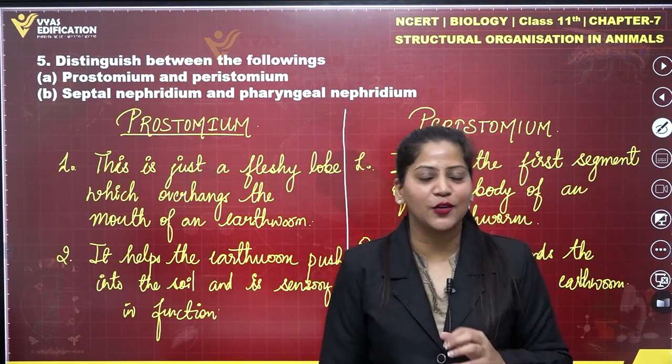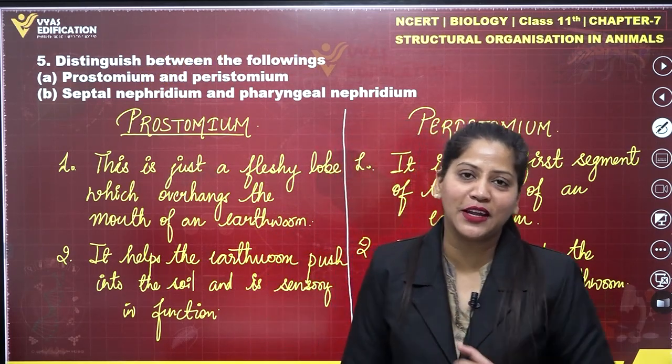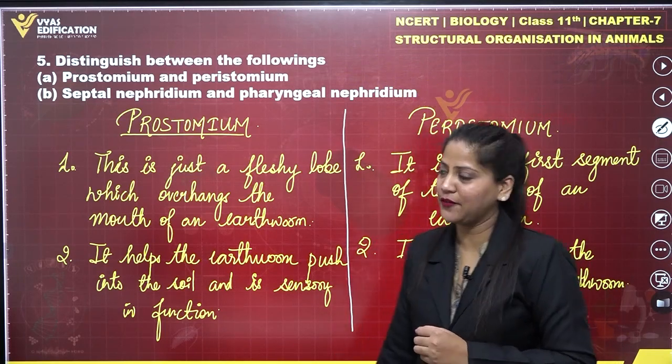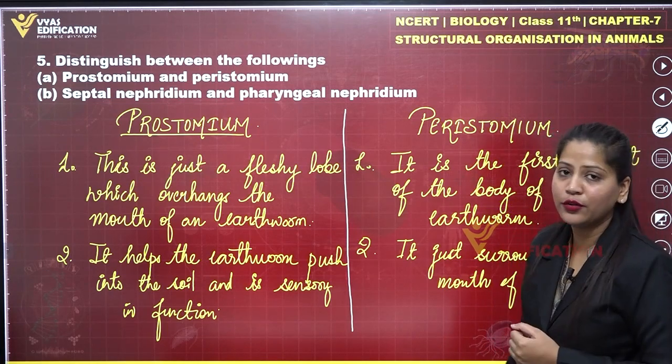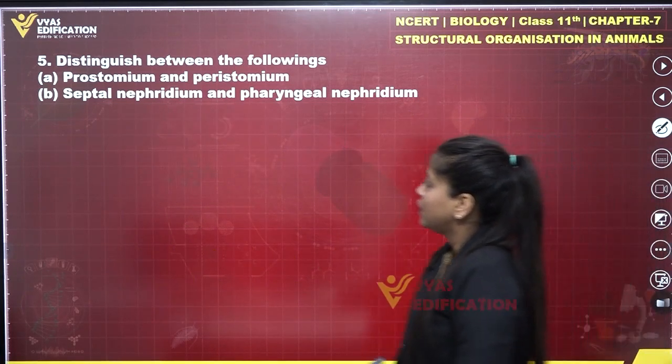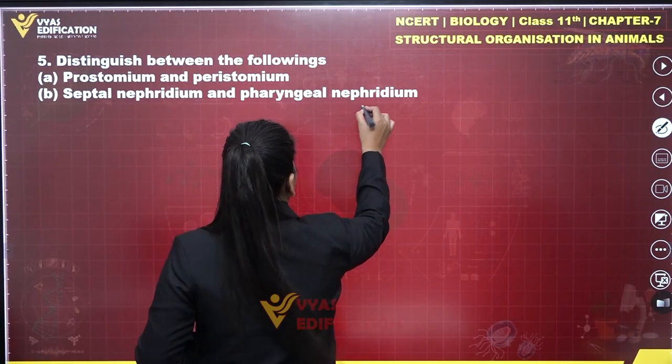So these are the distinguishing features between septal and pharyngeal nephridia. Let's write the answer of part B of question number 5.